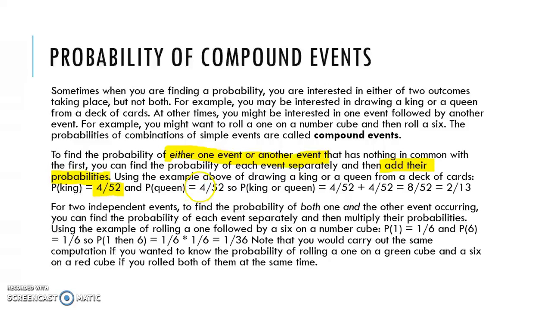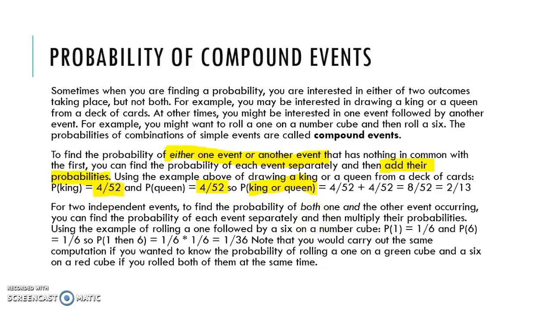Probability of drawing a queen would also be 4 out of 52. So the probability of drawing either a king or a queen is the sum of those two, and then reduces to 2/13.